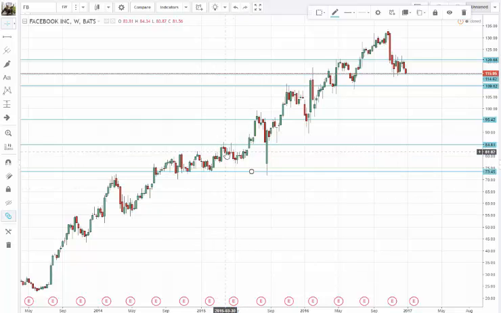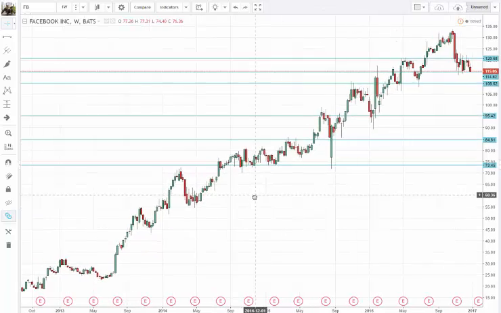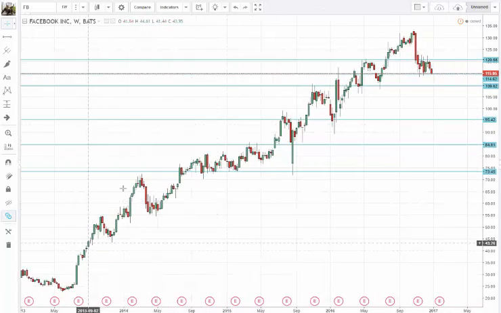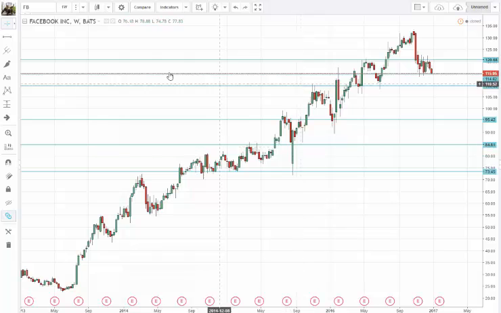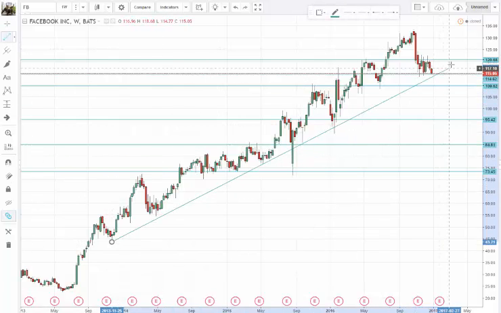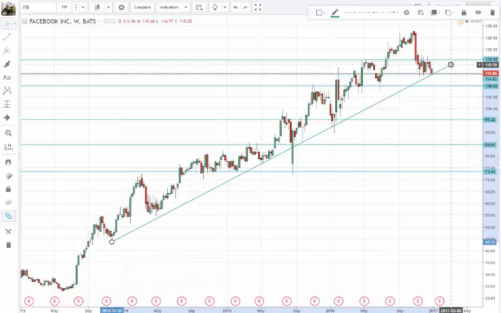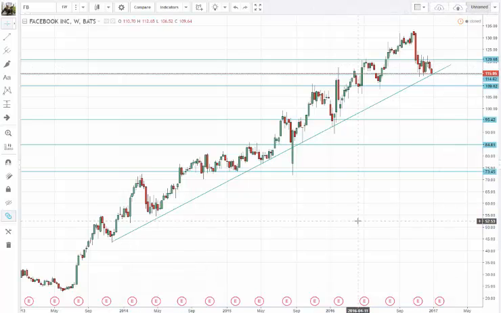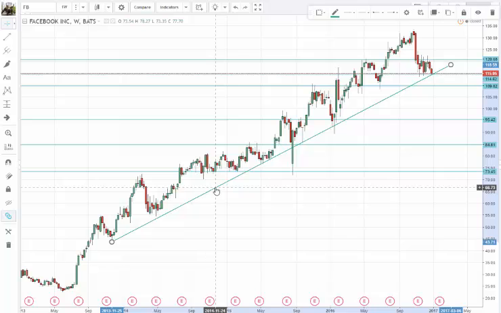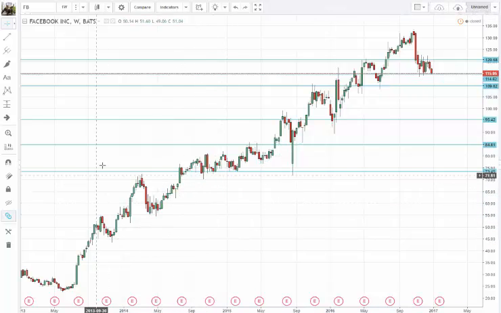If you want to go for the trend trades, then Facebook was not that interesting this year. But you know, I don't have to explain to you. I don't have to draw in a trend line to show you guys. Well, let me just do that. You don't have to be a rocket scientist to see that this is a pretty decent up move. So let's get it away for now, because we're focusing on the horizontal lines right now.